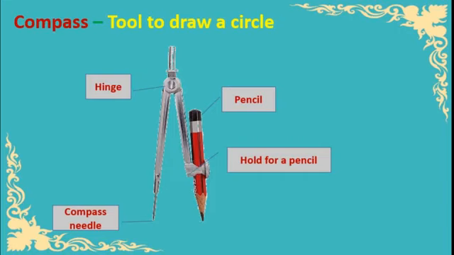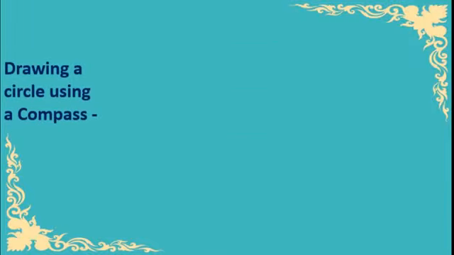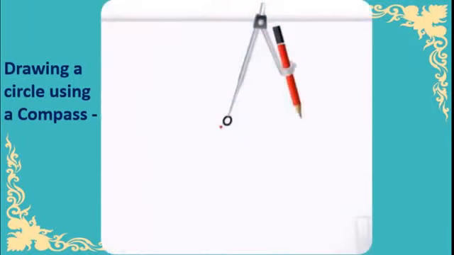Now we will see how to draw the circle with the help of the compass. See here, students, first we have to mark a point that will be the center of the circle, and whatever length we need, we have to measure with the help of the scale. We have to adjust it with the help of the hinge of the compass.